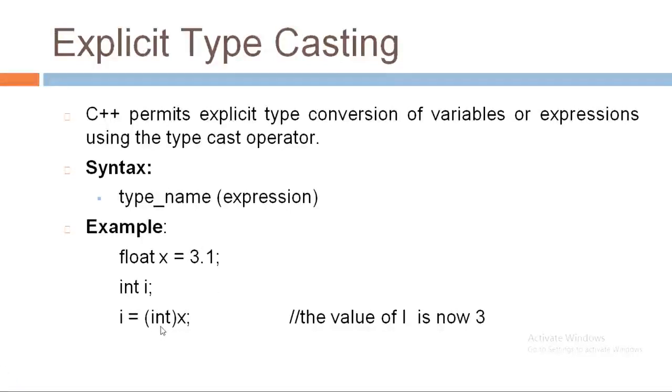We have written int in brackets and then the variable x. So the value of i will be 3, because explicit typecasting removes the part of a floating point number after the decimal point.